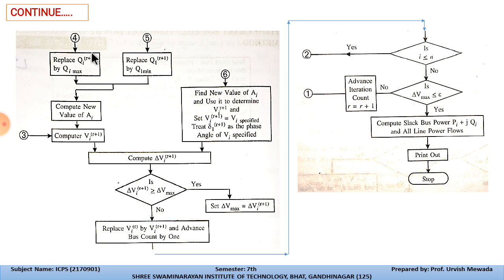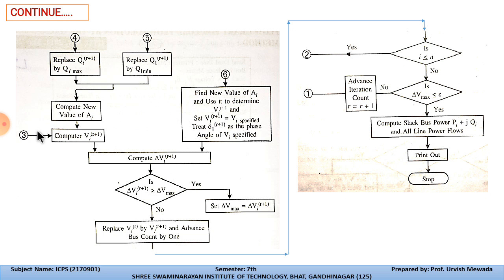That's why Qi r plus 1 is replaced by Qi maximum, and after that we compute the new value of Ai. Then the system computes the voltage Vi r plus 1. So we start with the initial iteration from 0 to the nth number of buses.